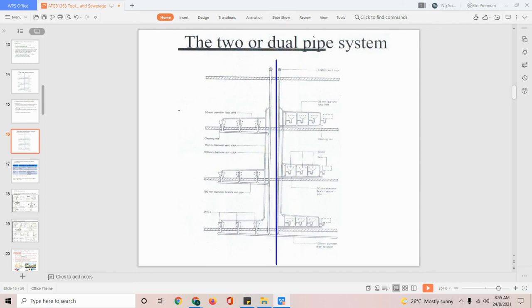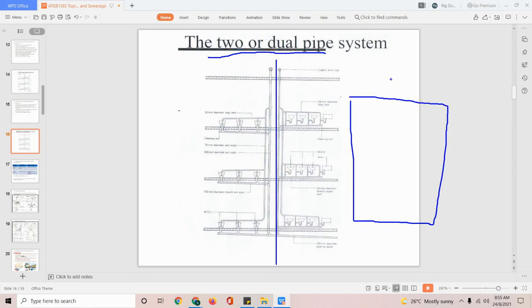And then as we go up the scale to the two pipe system, this has the advantage of being separated, meaning in a layout, if you see from a plan, you can have a very, very big layout because these pipes can be separated.